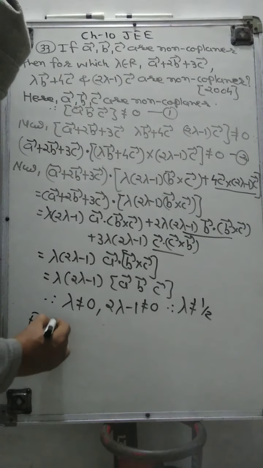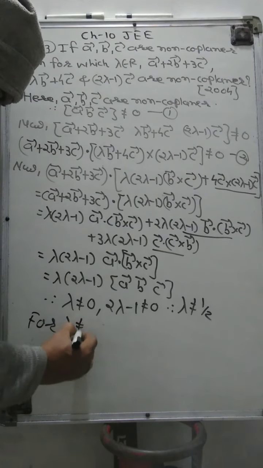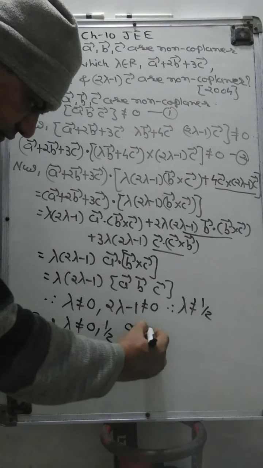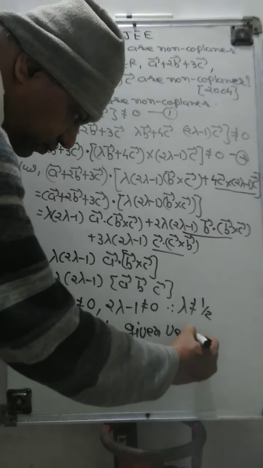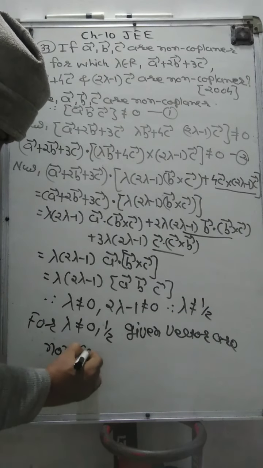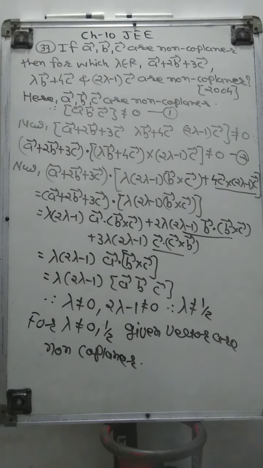For lambda not equal to 0 and 1 by 2, the given vectors are non-coplanar. Therefore, we can say that our answer is lambda is not 0 and not 1 by 2. Then these three vectors are non-coplanar vectors. Okay? Then we go for the next one.